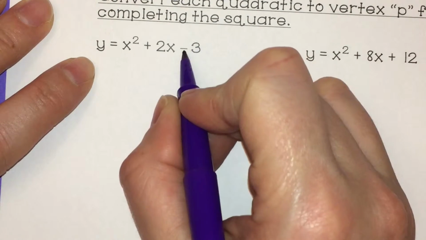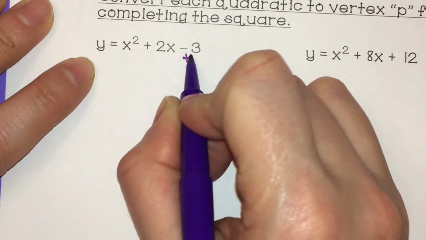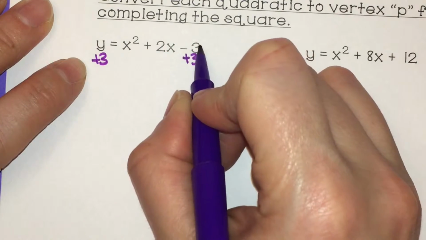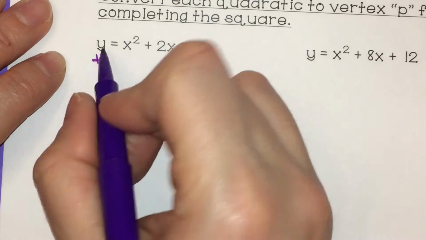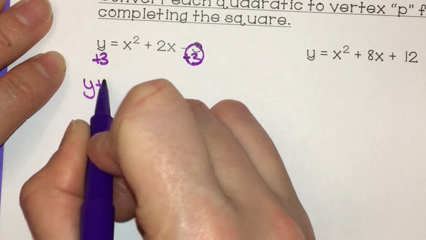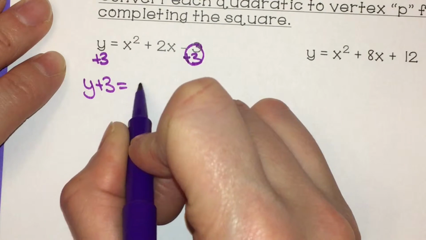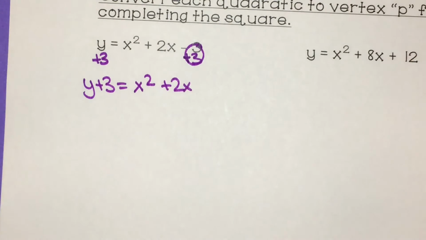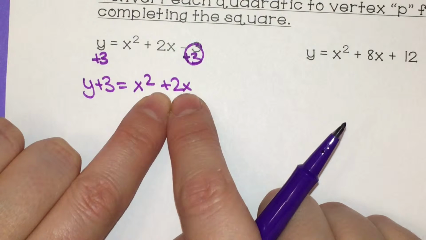So to move my constant over there, since it's minus 3, I'm going to add 3 to both sides of the equal sign. Negative 3 plus 3 is 0. So on the left side, I have y plus 3 is equal to x squared plus 2x. All right, to complete the square, you're going to add some value to both sides of the equal sign. What that value is, you take your b term.